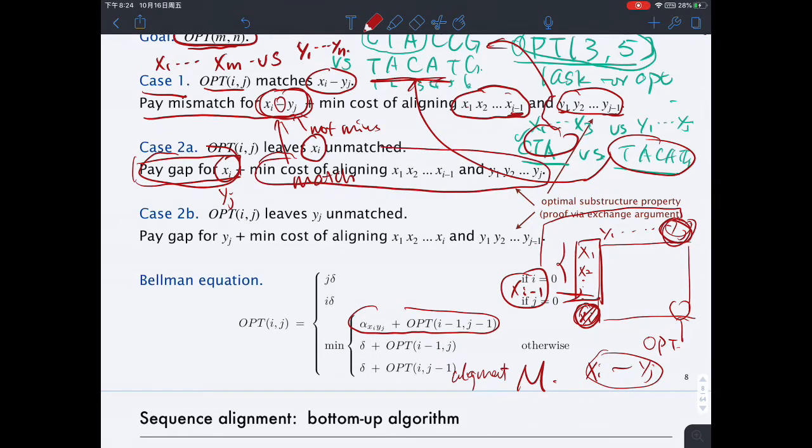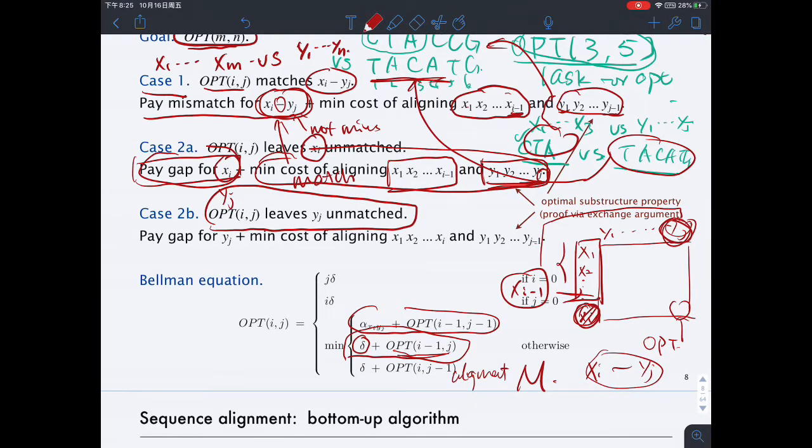For y, we don't touch it; it's still y1 up to yj. So I leave xi unmatched, and the optimal solution is opt of i minus 1 and j. This is the second case.